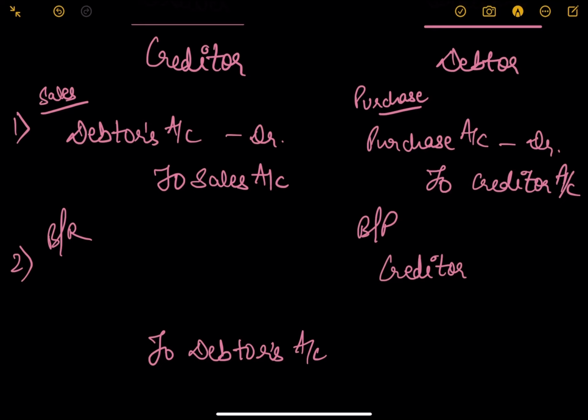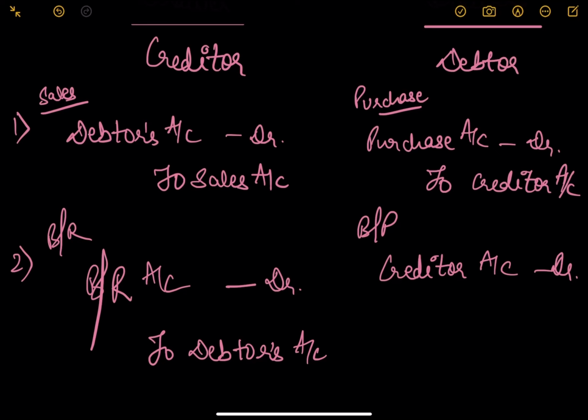So creditor usually have credit balance. To reduce it, you need to debit it. A new asset will be created named as bills receivable. तो bills receivable account debit क्योंकि आपने एक नया bill create किया. And for the other party, it will be creditors account debit to bills payable account. I hope this point is clear.